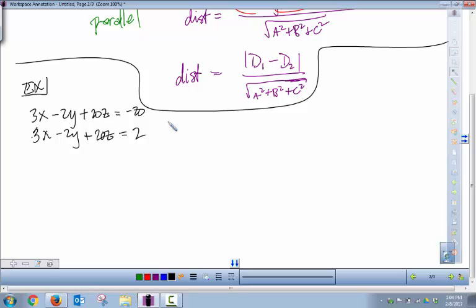No, I already put 2. So then the distance, that's a 20. A little overzealous on my 0. So then the distance is, we're basically done with this problem.